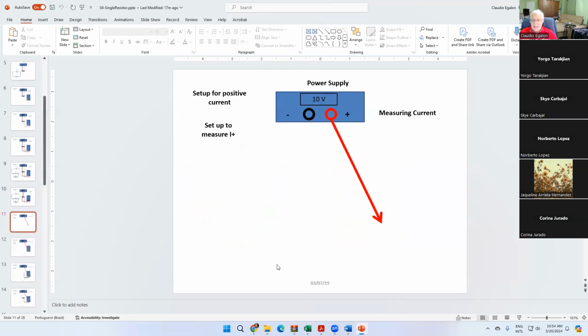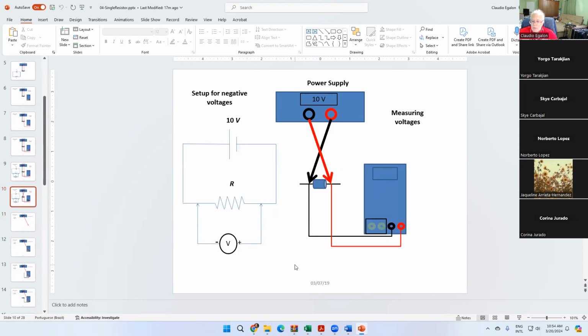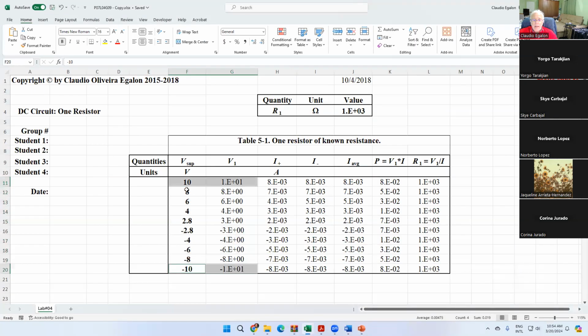Next, you change to 8 volts, change the polarity. 6 volts, change the polarity, negative voltage. 4 volts, change the polarity, 2.8 volts, minus 2.8 volts. That's the first part of the experiment.